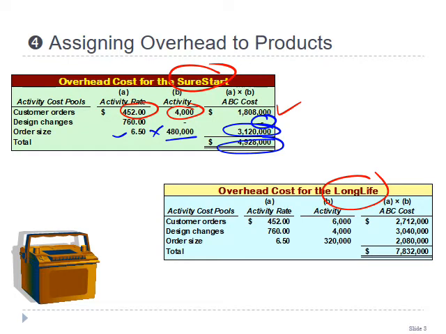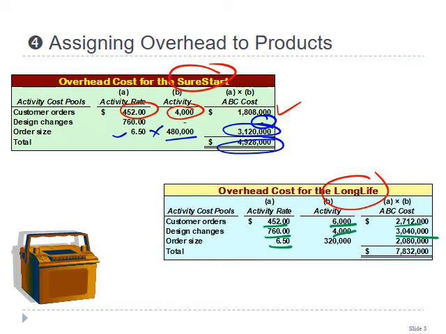Similarly with Long Life, 6,000 customer orders are received. Per order it's 452, so the answer is 2.712 million. Per order design changes are 760, and 4,000 design changes are requested, so the answer is 3.040 million.